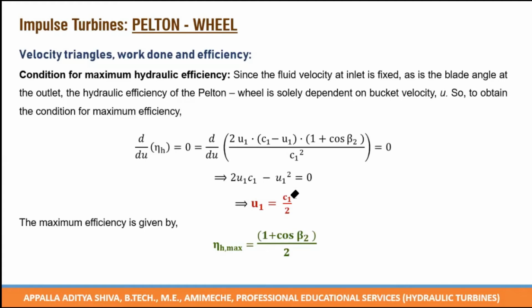If your bucket speed, blade speed, is half of it, that is 5 meters per second, you will have maximum efficiency. Maximum efficiency is given by this relation, 1 plus cos beta by 2. So maximum efficiency is solely dependent upon the exit blade angle.